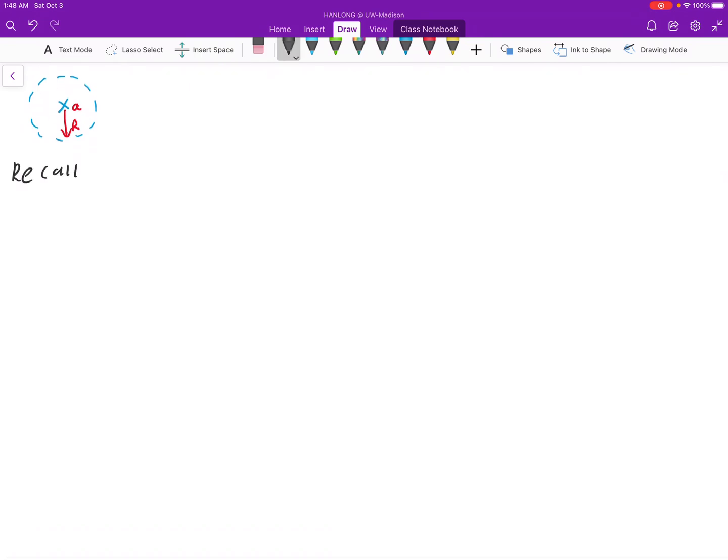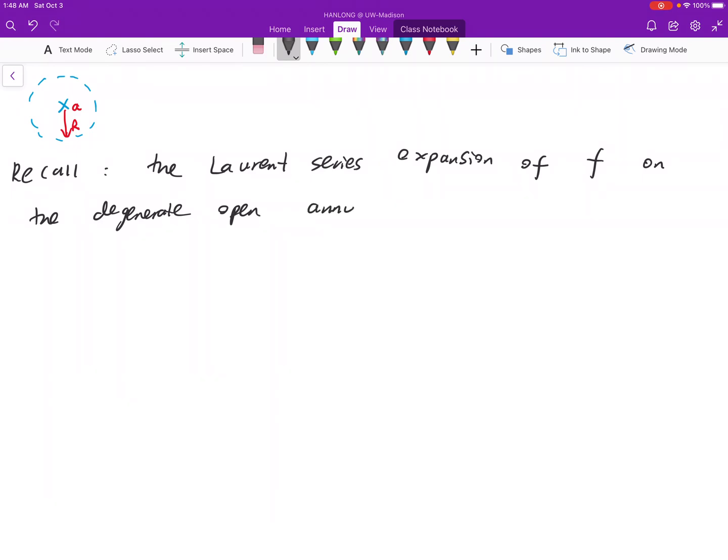And first recall that last time we learned the Laurent series expansion of f on the degenerate open annulus, 0 < |z - a| < R. In other words, you just take the small r to be 0 in the notation of last time.